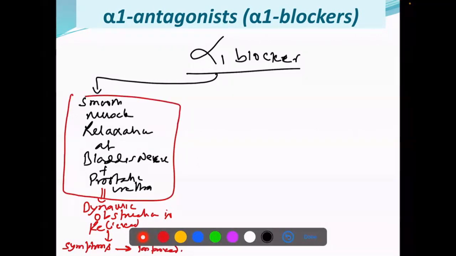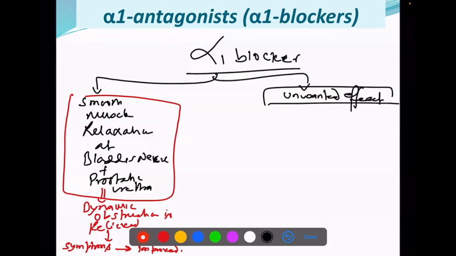What about the unwanted effect, also known as side effect? It causes hypotension, orthostatic hypotension.